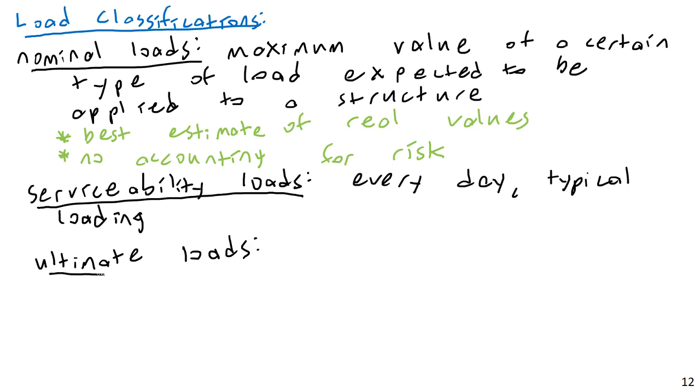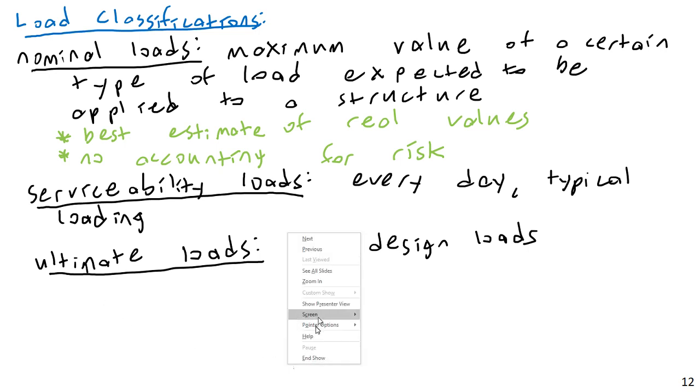Ultimate loads. These are the maximum design loads, what you're actually going to be designing your structure for. Although, for serviceability, you'll often design for elastic strength, these are the true maximum design loads. They're called ultimate loads for a reason. What they fundamentally consider is that these loads have risk baked into them.